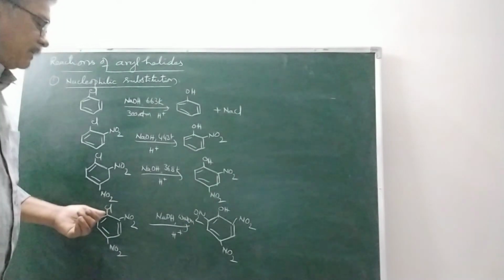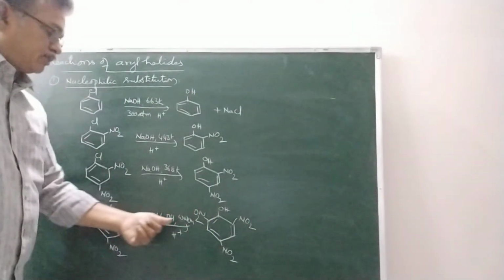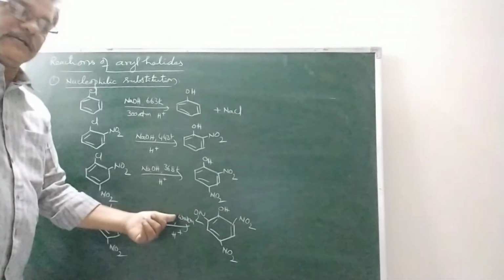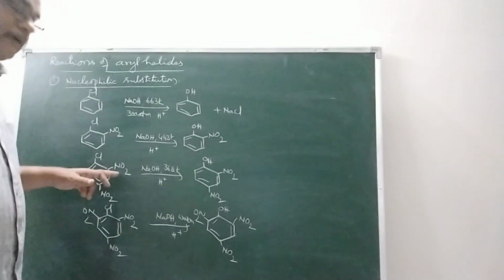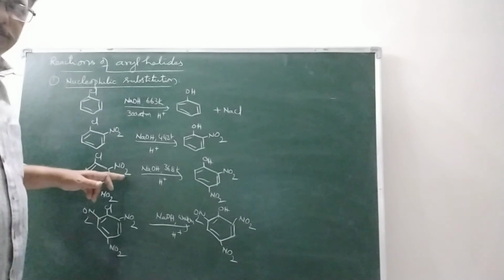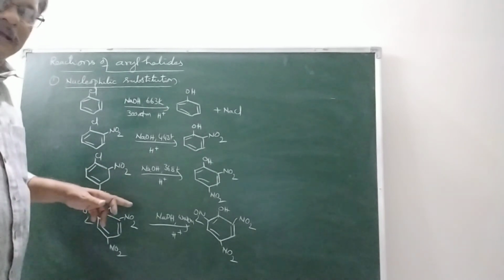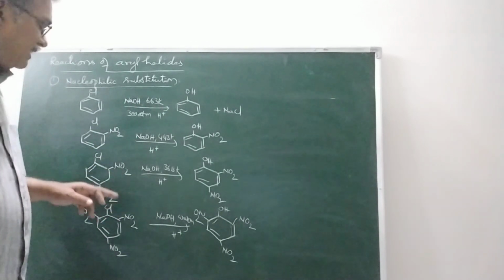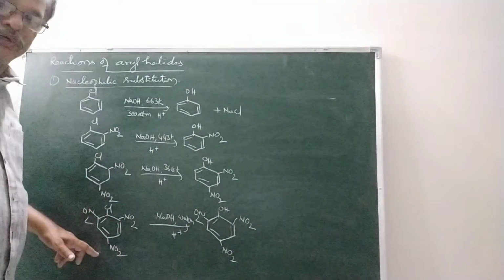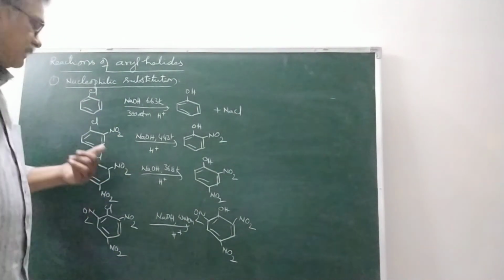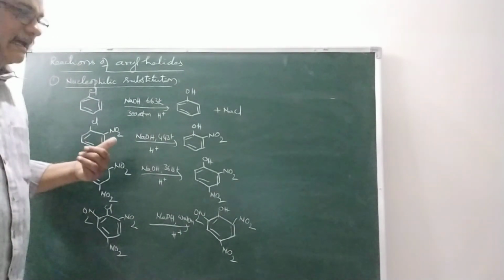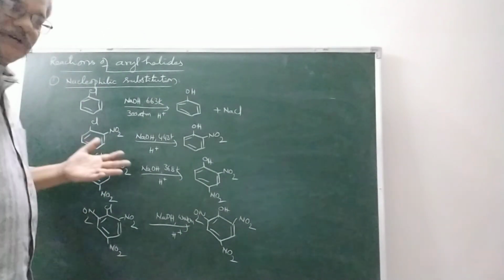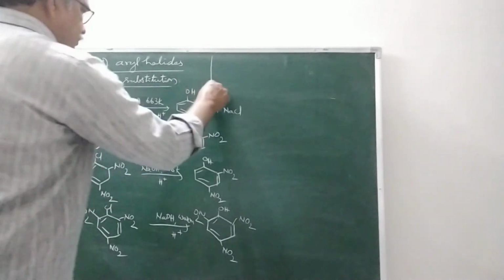So here Cl is easily replaced by the OH group. Just warming is sufficient. Okay, that means NO2 is an electron withdrawing group. As the number of electron withdrawing groups at ortho and para positions increases, the reactivity of aryl halide increases. This is more important from the IIT point of view.